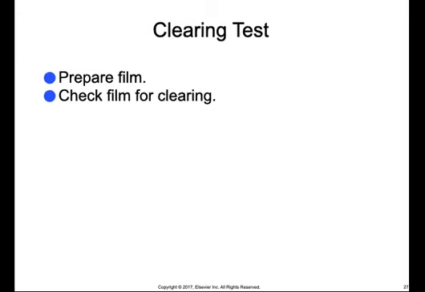To perform this clearing test, we'll first prepare our film by unwrapping one film and then immediately placing it in the fixer solution. Then we'll check the film for clearing by measuring the amount of time the film takes to clear.